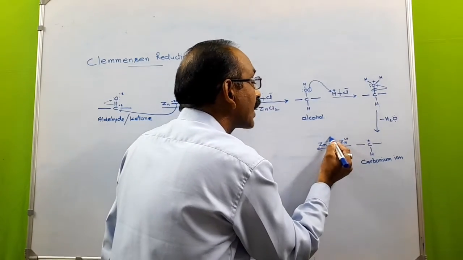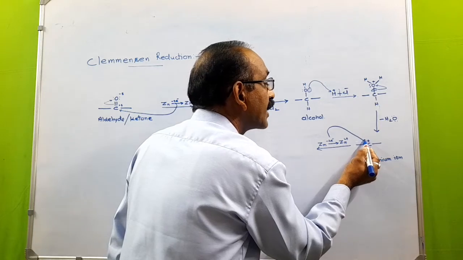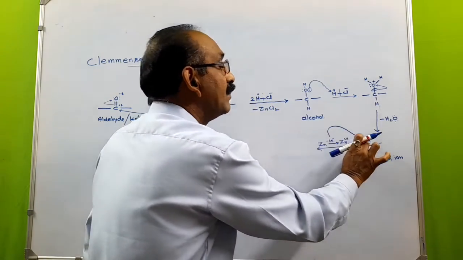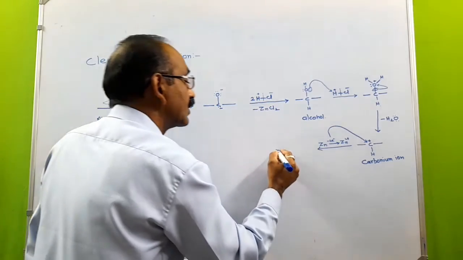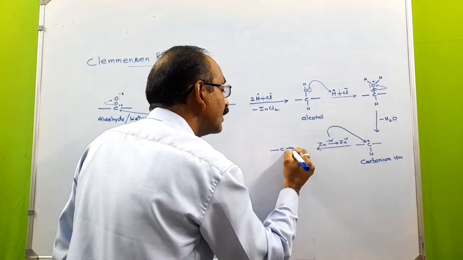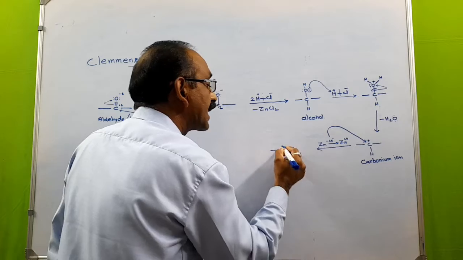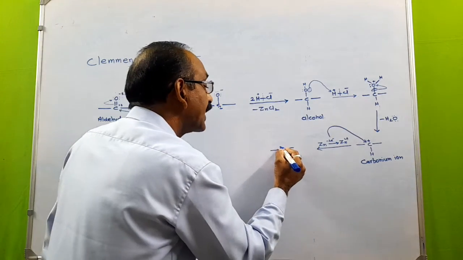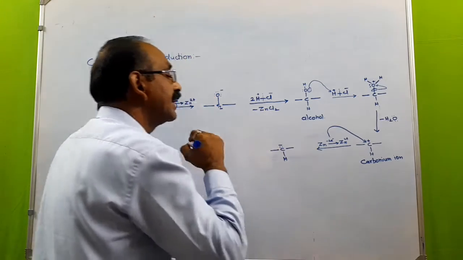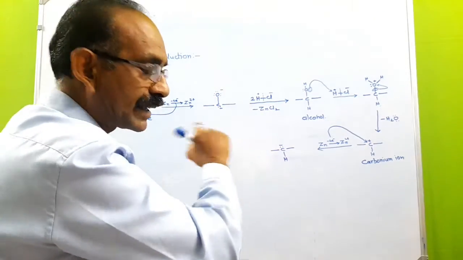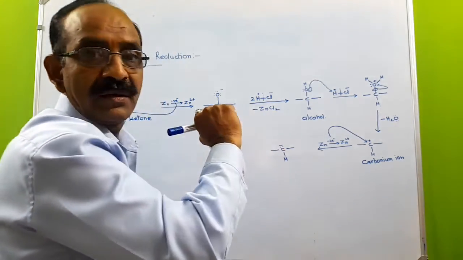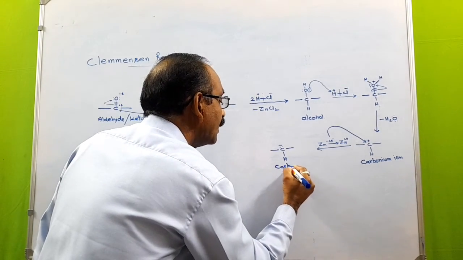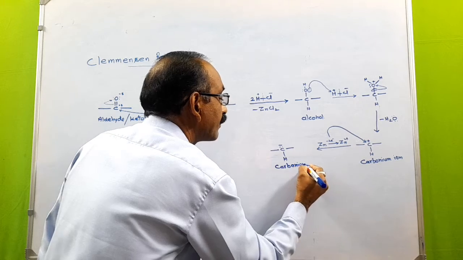So one of the electrons will neutralize its positive charge and the other electron will make it negatively charged. You will get a negatively charged species, and here it appears like a carbanion.